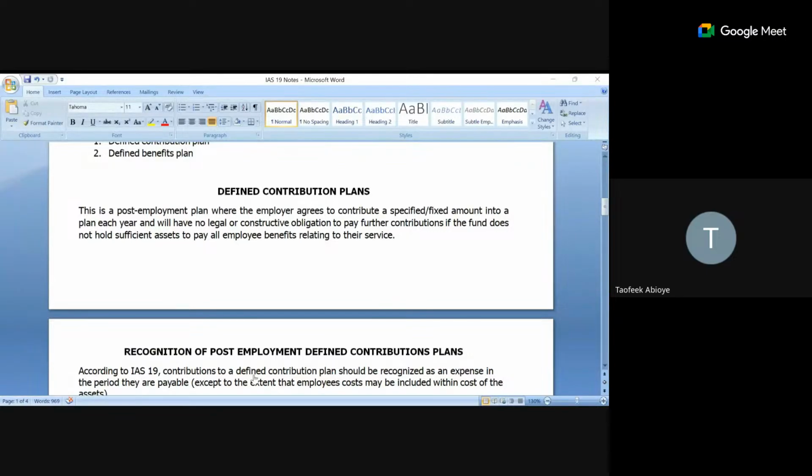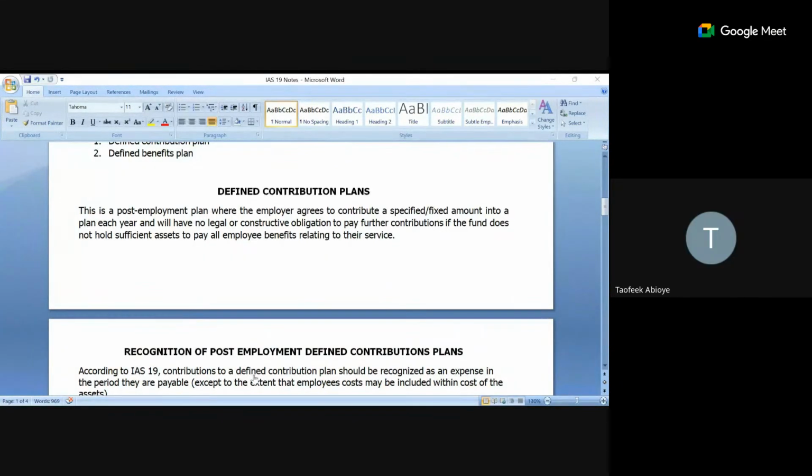That is why in a defined benefit plan, there is actuarial gain or actuarial loss. So sometimes the entity will lose, while sometimes the entity will gain. But under a defined contribution plan, the entity has nothing to lose. The entity will just distribute that 80 million. They don't have a legal or constructive obligation to pay any further contribution into the fund to settle it.